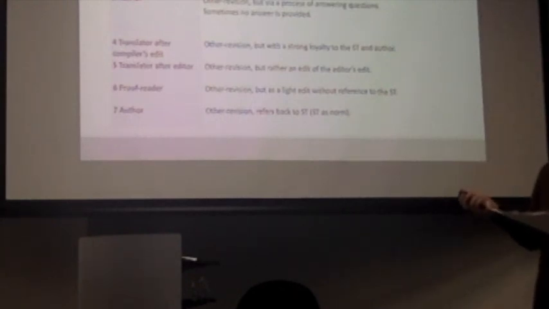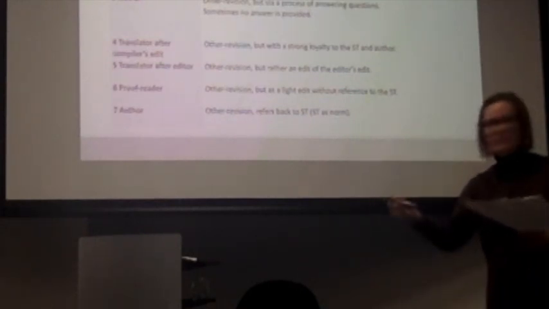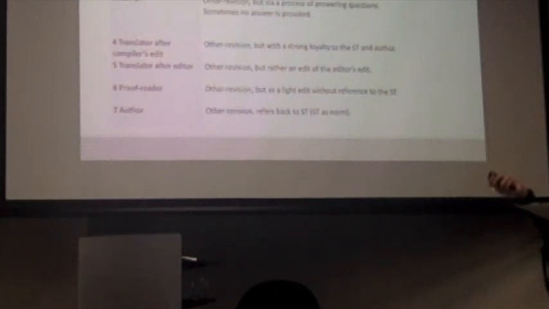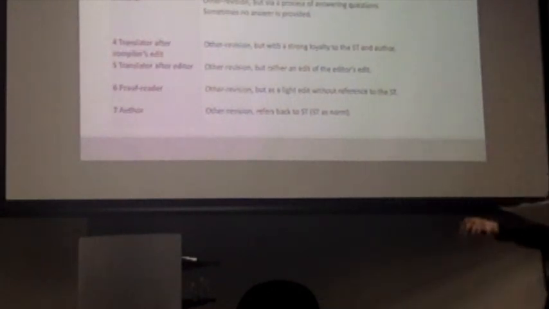Translator, after the compiler's edit, the person who put the anthology together also had a say on the translation as such. And then the translator didn't want that, so it wasn't an other revision by the translator, but it was on her own translation. But after the compiler edited, the translator after the editor, the proofreader, once again the author.